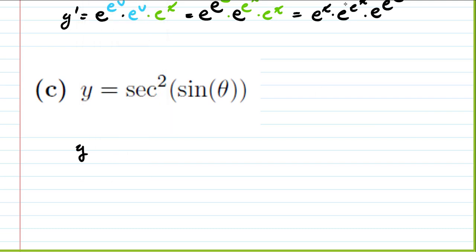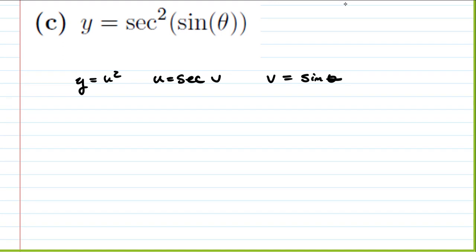We have y is equal to u squared. u is equal to secant v, and v is equal to the sine of theta. So using our 3-chain, our derivative is going to be y prime is equal to dy du times du dv times dv d theta.